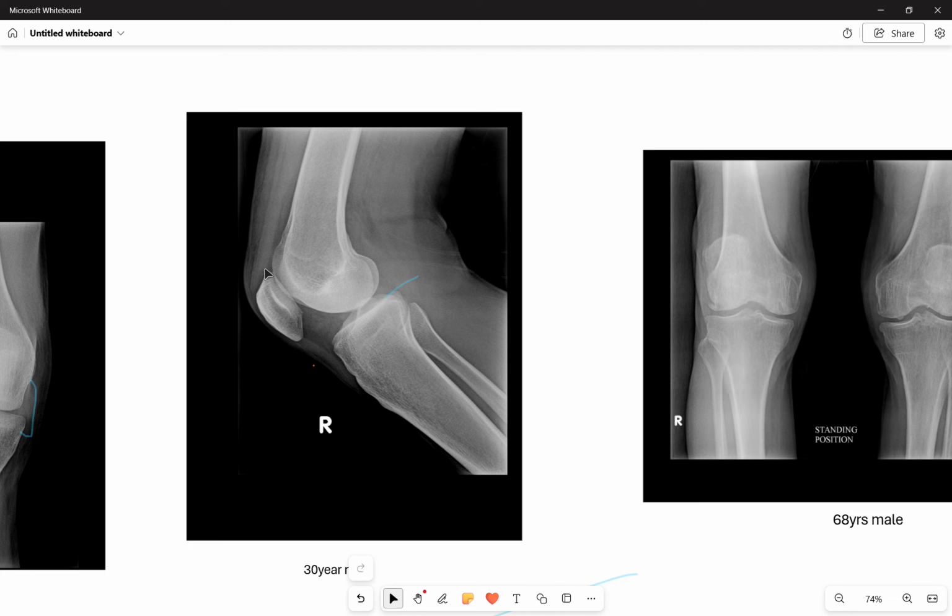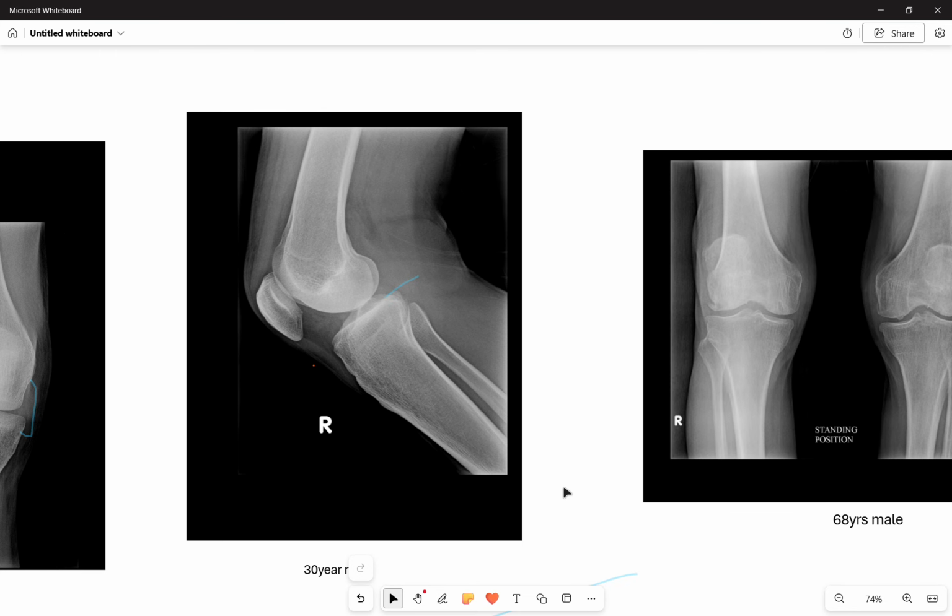Patella is the sesamoid bone in the quadriceps tendon, and the articular cartilages also line the inner surface of the patella. So all the surfaces over here, this is a 30-year male, are very smooth, very rounded, and there are no rough spaces in between.